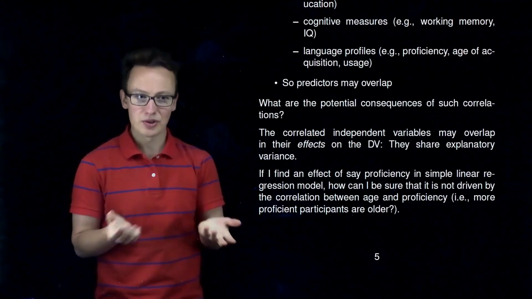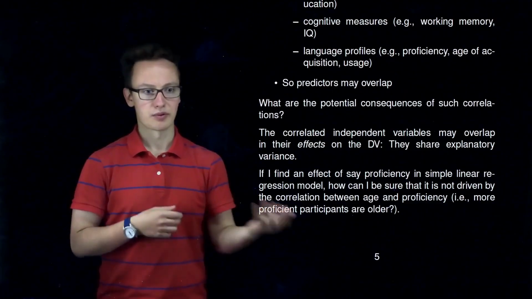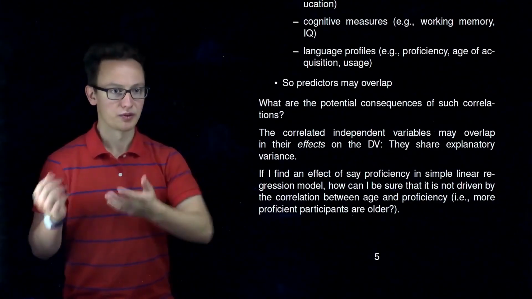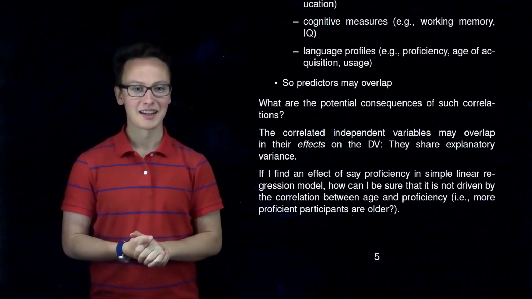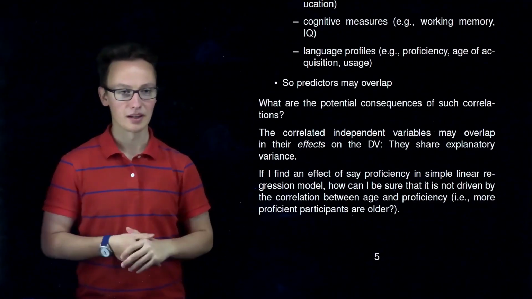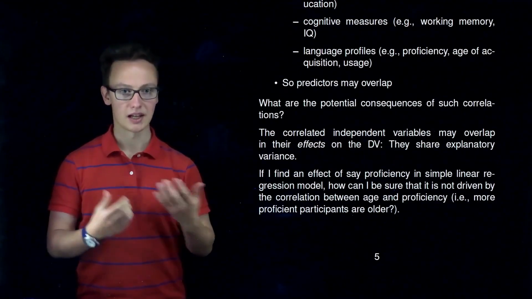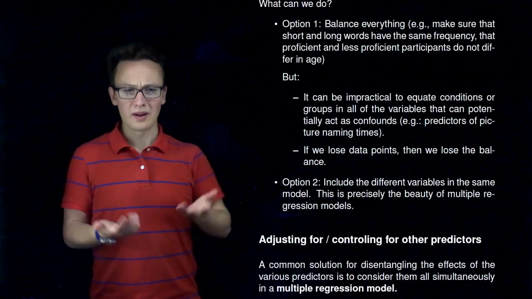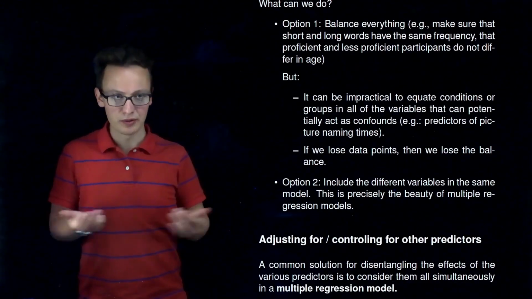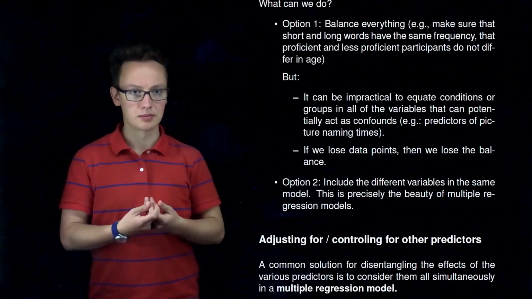Now, how can I really be sure that this is not driven by the correlation between age and proficiency? Because maybe more proficient participants are older, okay? So all these kinds of questions and problems arise when we don't really consider the possible correlation between different predictors of interest. So what can we do about this? I mean, one option for sure could be to balance everything across our multiple predictors.